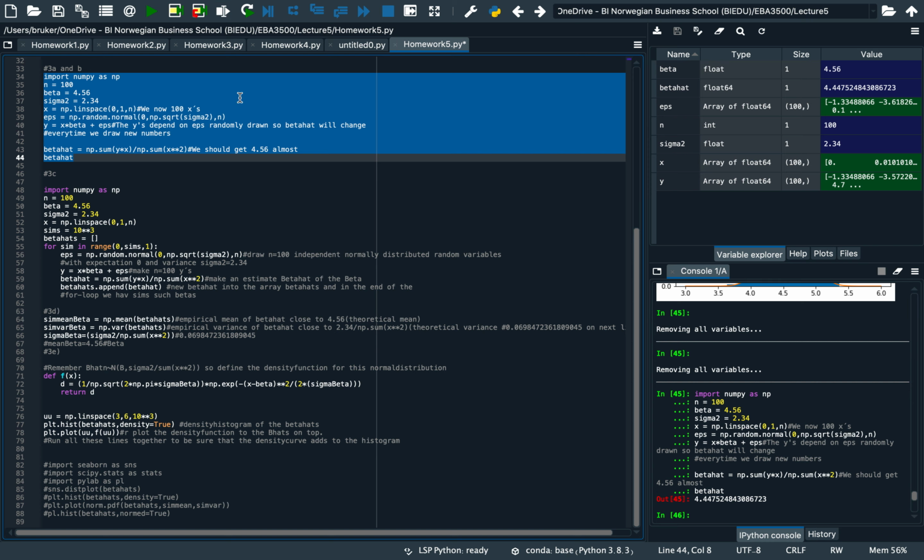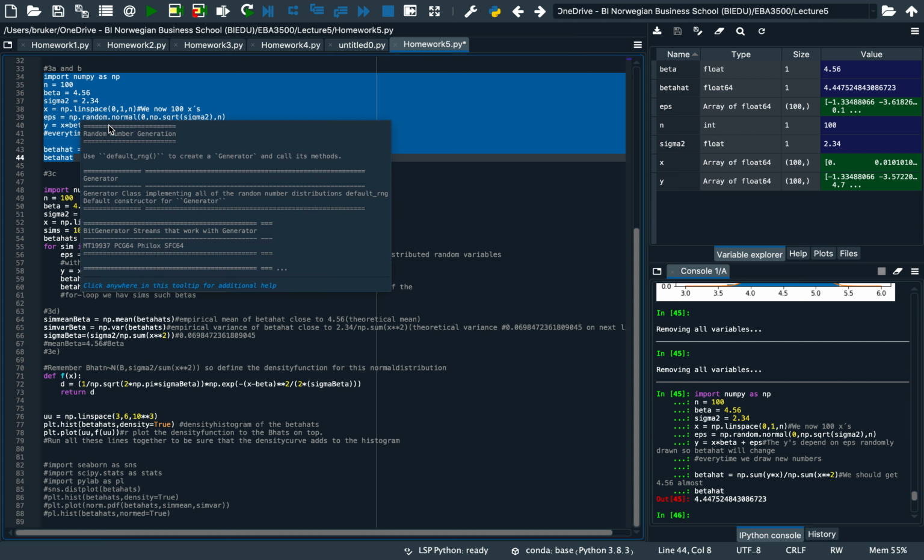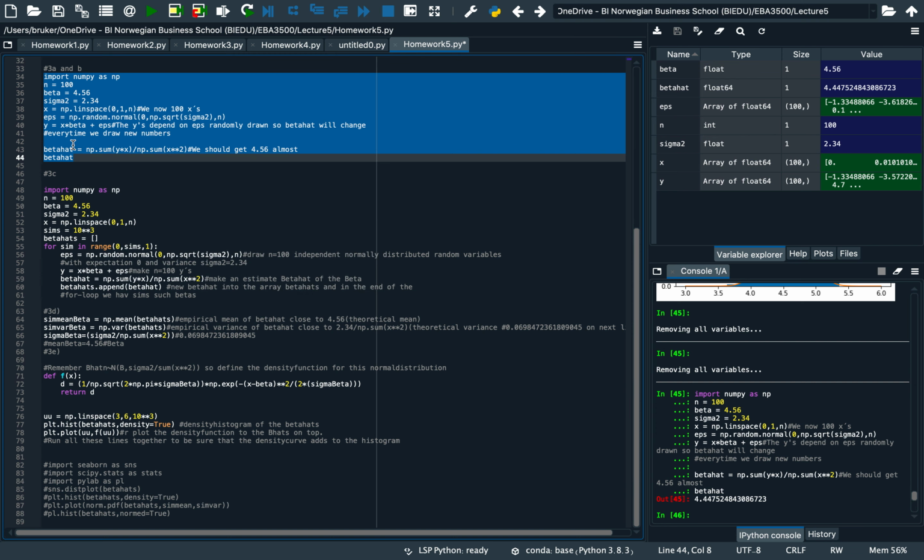And we see that we get 4.44. We know that the right beta is 4.56, but because of this randomness, these epsilons, which have an expectation of 0, beta hat is not exactly beta, but somewhere around. We have some variance here.